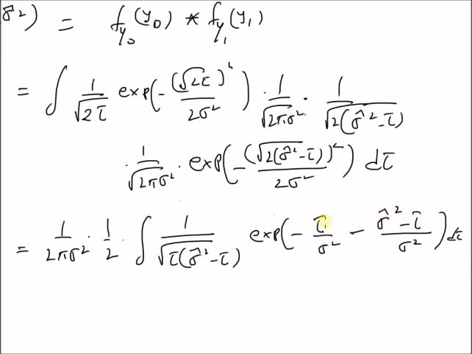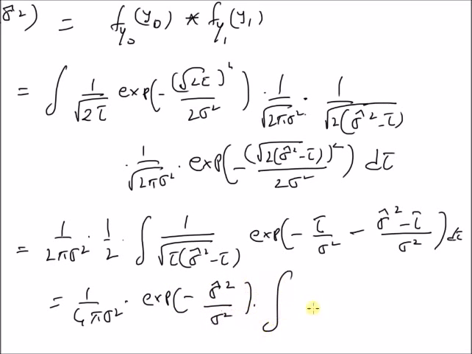We can clearly see that the minus tau by sigma square and this plus tau by sigma square cancel each other, and we are left with 1 by 4 pi sigma square into exponential of minus sigma square hat divided by sigma square into integral 1 by square root of tau into (sigma hat square minus tau) d tau. And we can clearly see that the limits of tau should be 0 to sigma square hat, since y0 plus y1 is actually equal to sigma square hat.